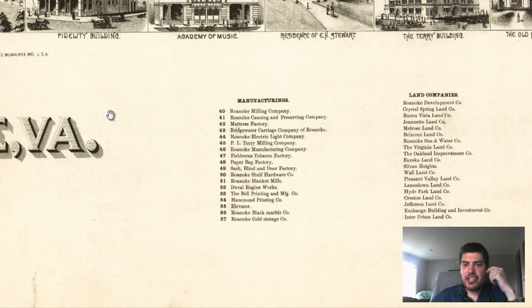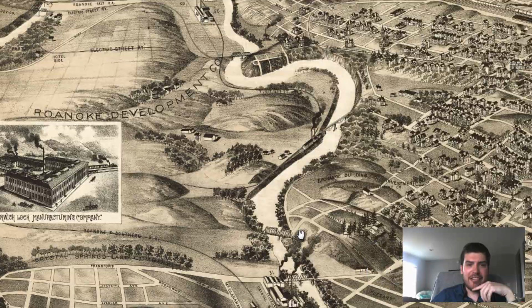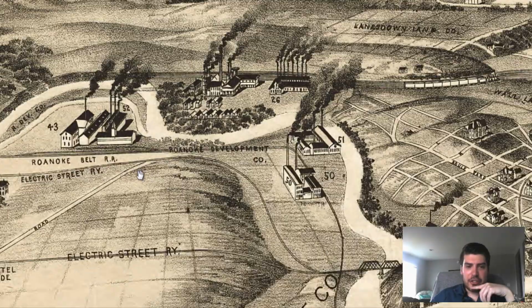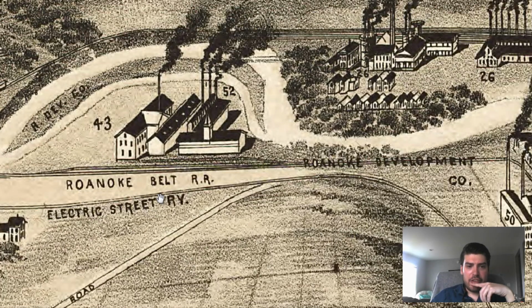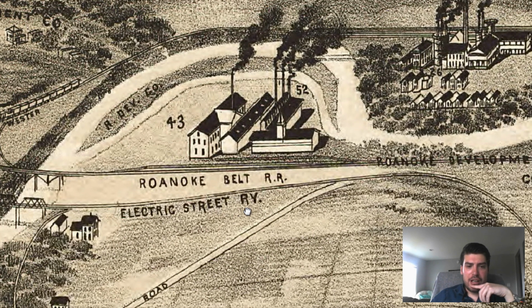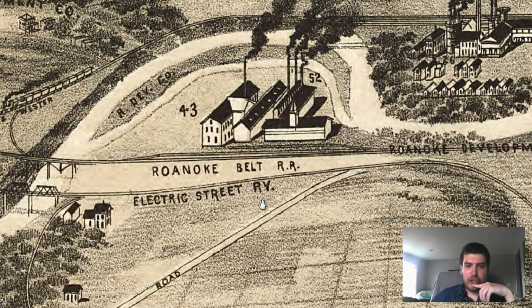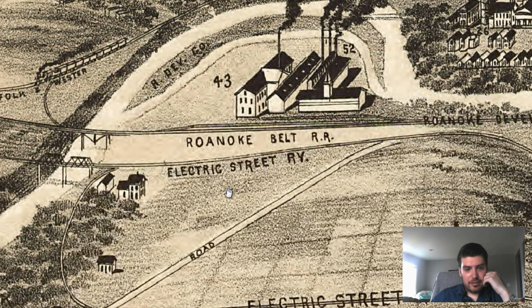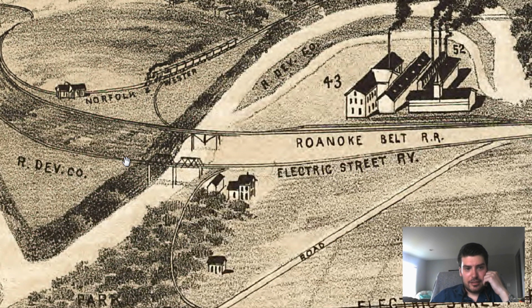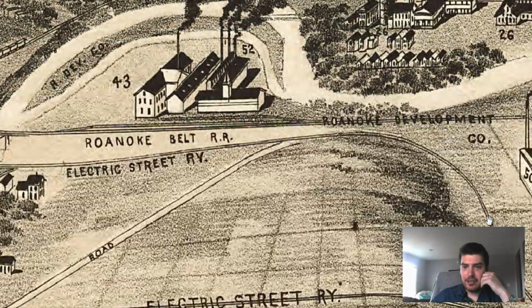Bridgewater Carriage Company of Roanoke. So a carriage company. That's interesting. Right over here, Roanoke Belt Railroad. Look at this. We've got electric streets. So is this an electric rail car? Quite possibly.